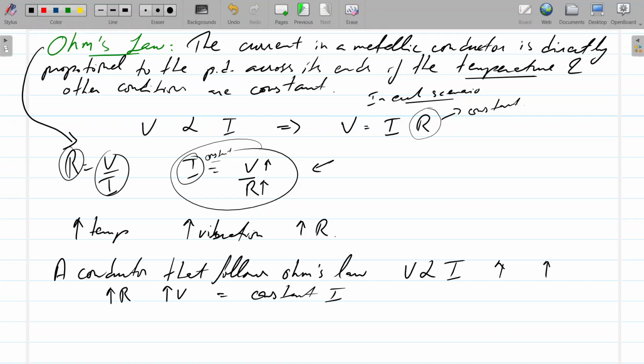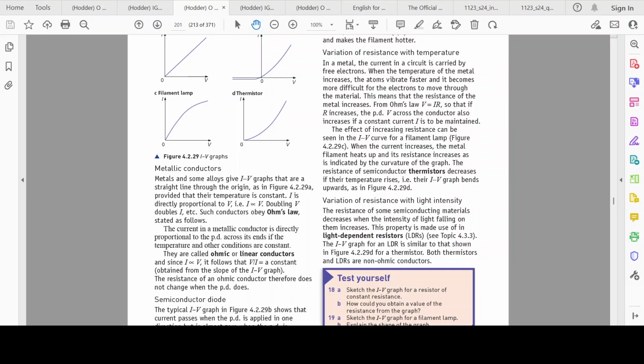Now, there are certain graphs given over here. I'll take you to the book. Might be better than working on the whiteboard in this case. So let me just put that up for you guys.